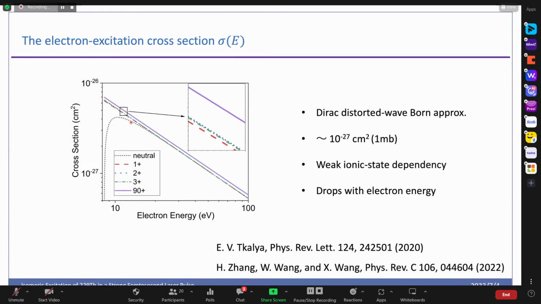We see that they are very close to each other, except maybe for the neutral atom case, where there is a small deviation near the threshold. Also the cross-section decreases with electron energy. Therefore, electrons with energies around 10 electron volts are most efficient in the isomeric excitation.